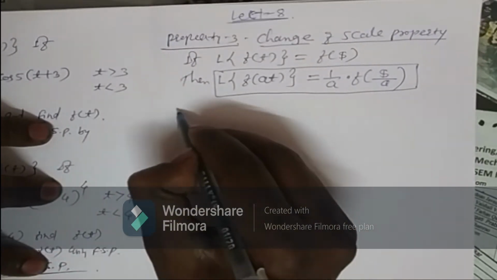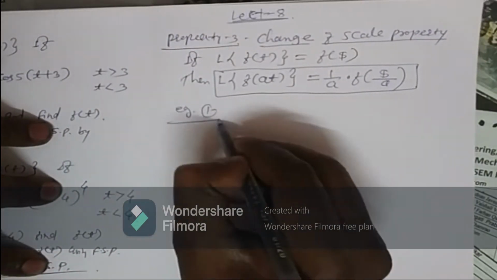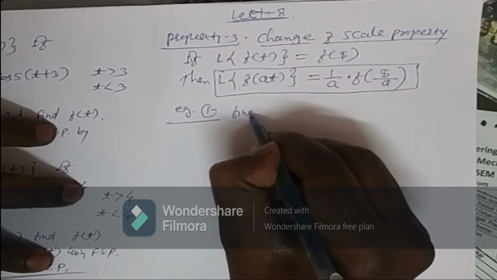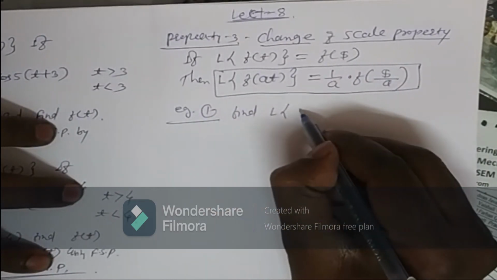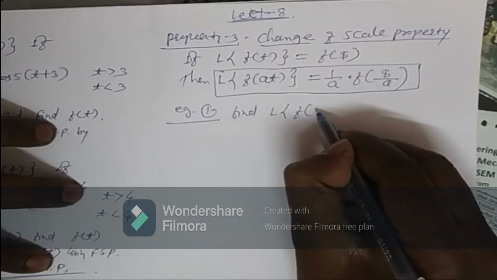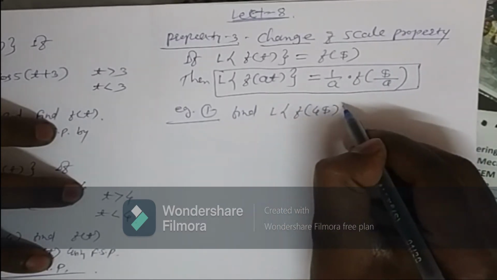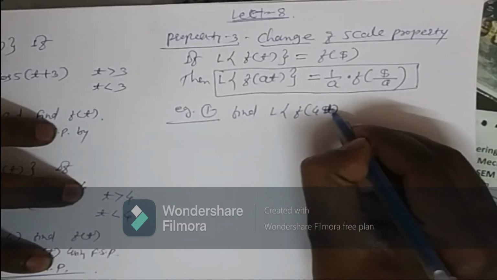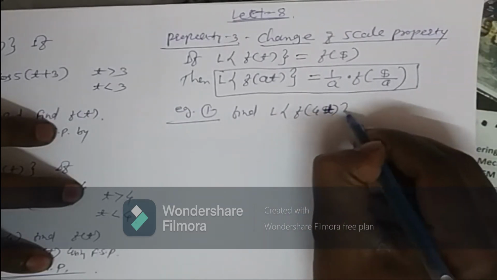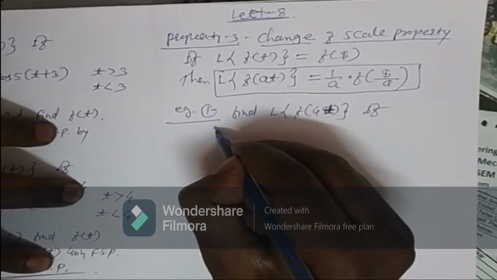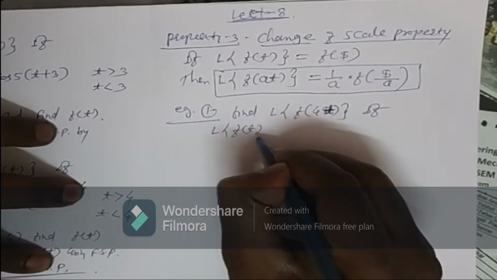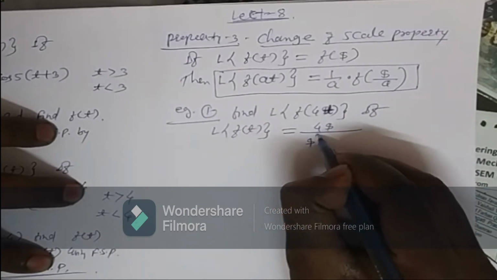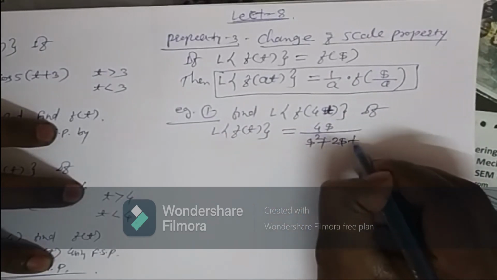So let us see example number 1. Very simple properties are there. Find the Laplace transform of f(4t), if the Laplace transform of f(t) is given as 4s upon s square plus 2s plus 1.